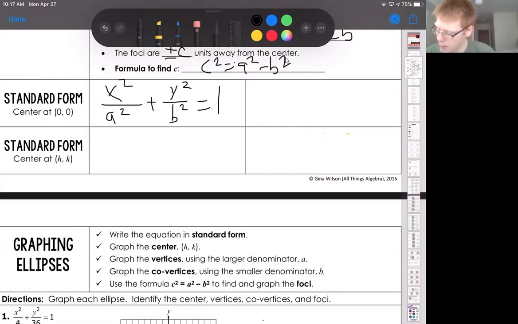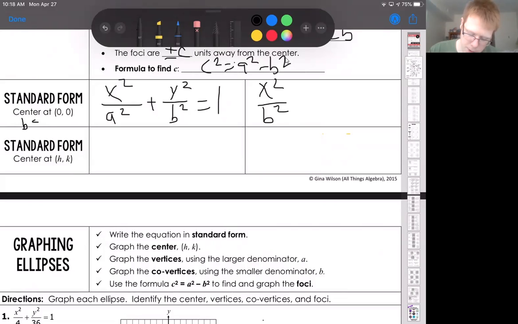And this left box would be for a horizontal ellipse. This right box is what the equation would look like if it was a vertical ellipse. You would see that your B is always smaller than your A. So maybe I'll write that here.